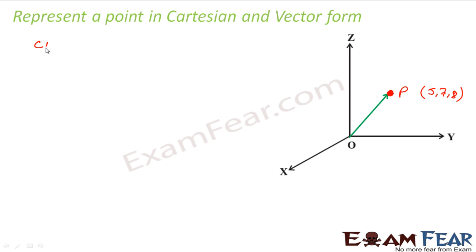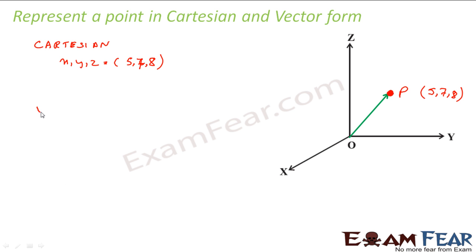So in Cartesian form, how do I represent this? I say x, y, z is equal to 5, 7, 8. This is how I represent this in Cartesian form.